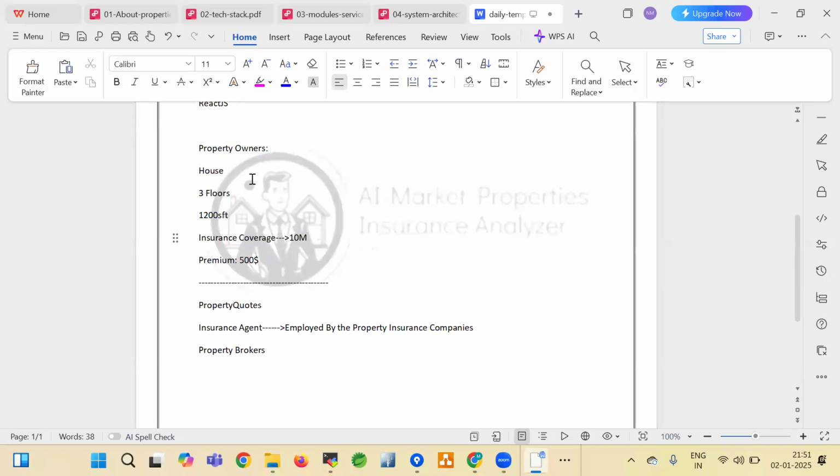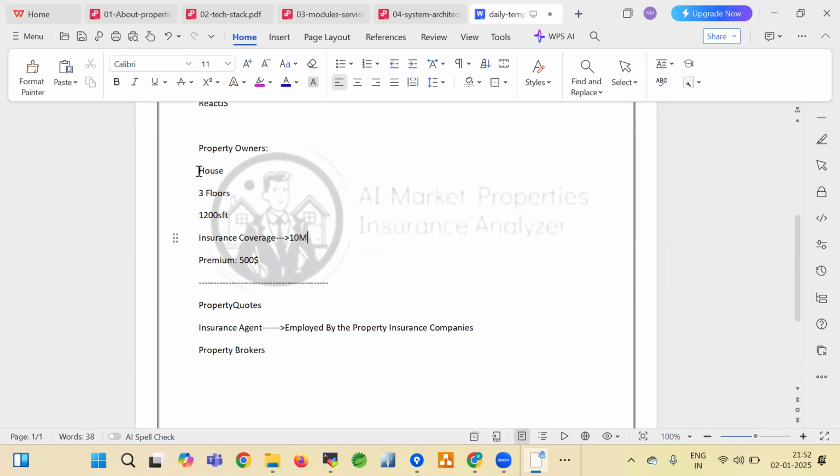Imagine a system that takes the quotation and gives the response back to the property owner about the status of that quotation. Maybe it is accepted by the property insurance companies, or maybe it is rejected. If rejected, what are the factors for which it was rejected?